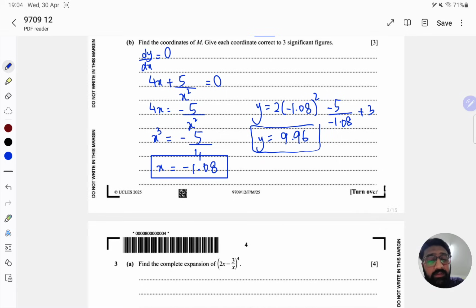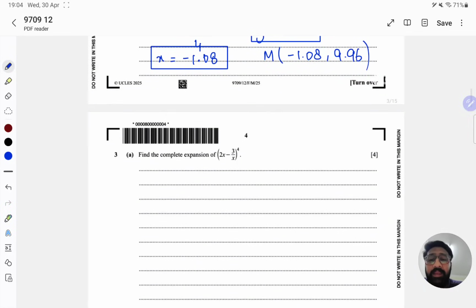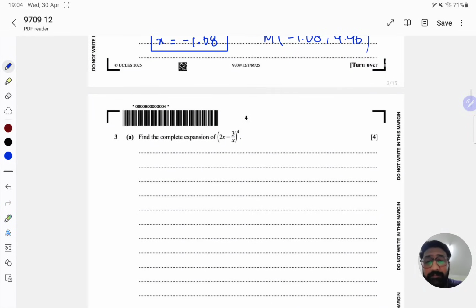So the coordinates of M, correct to three significant figures, are minus 1.08 and 9.96.